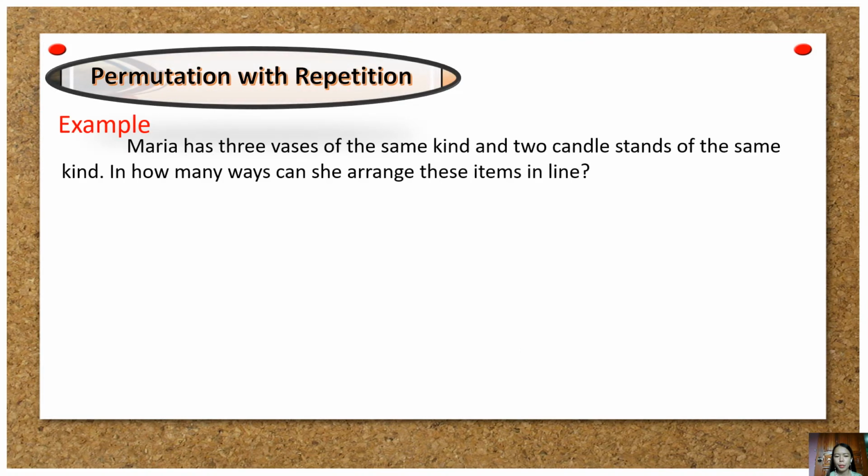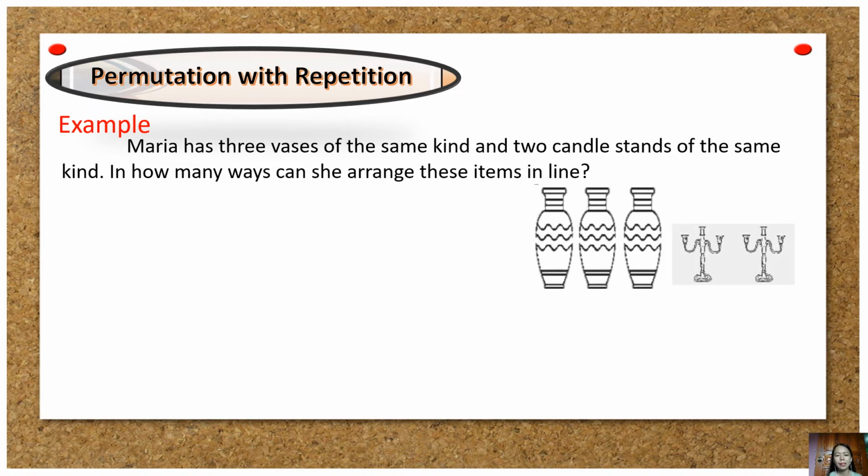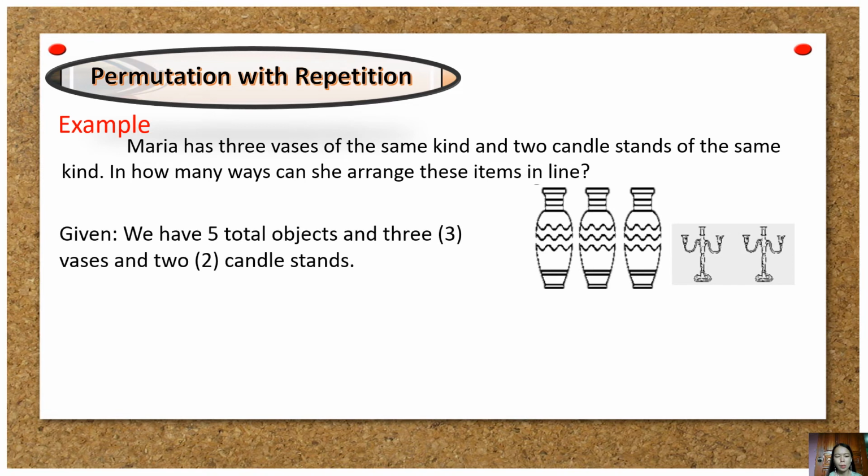Another example of permutation with repetition is Maria has 3 vases of the same kind and 2 candle stands of the same kind. In how many ways can she arrange these items in line? So, 3 identical vases and 2 identical candle stands. We have 5 total objects in all.